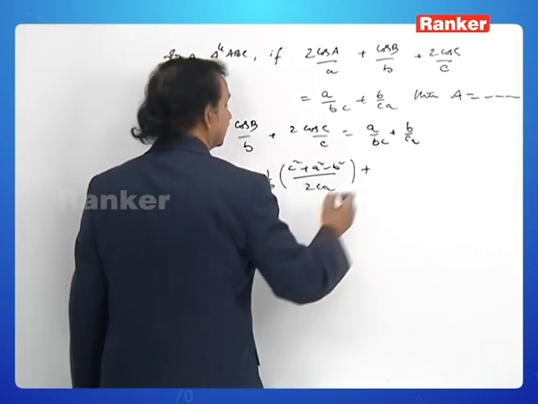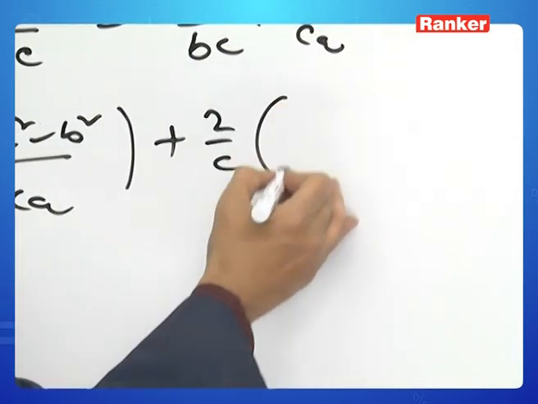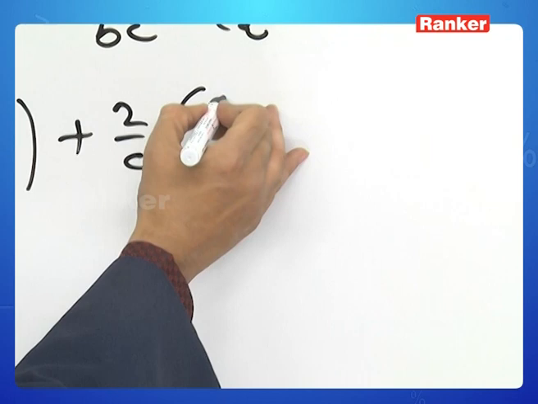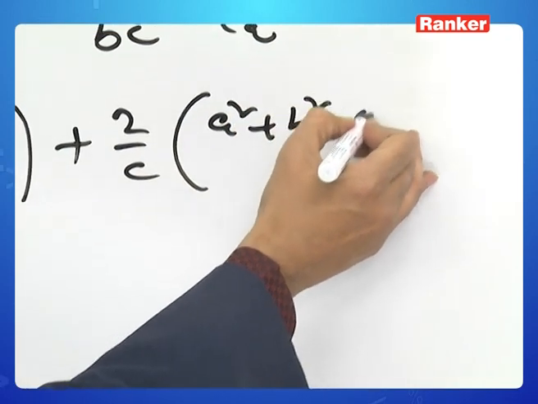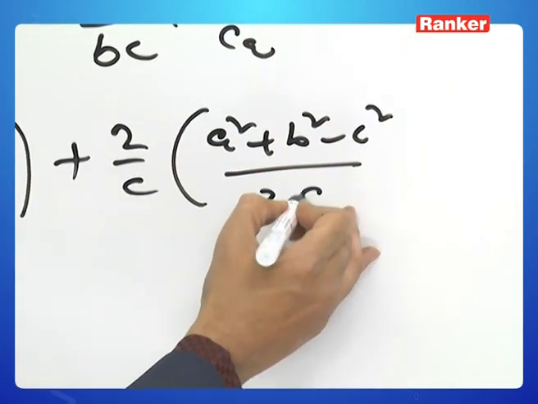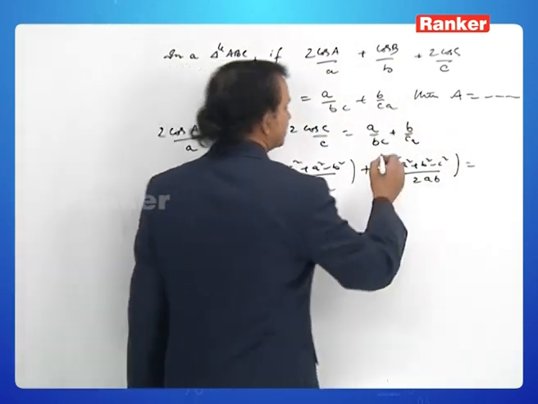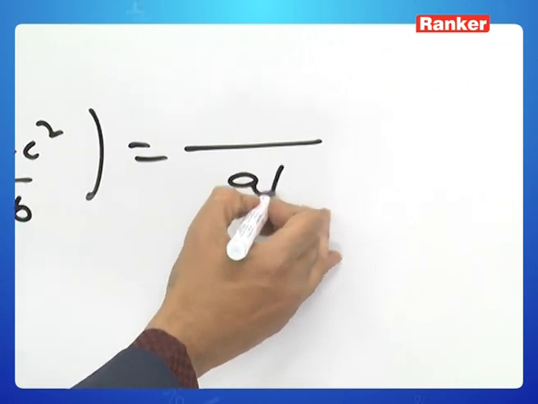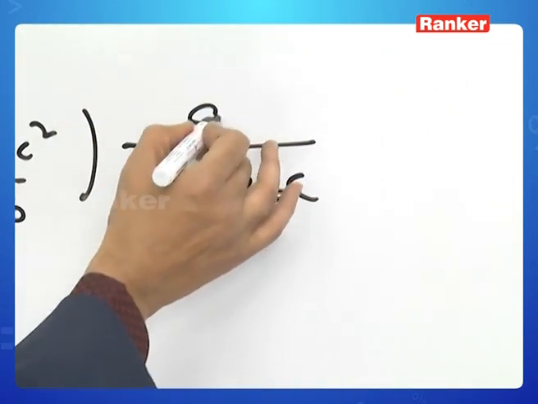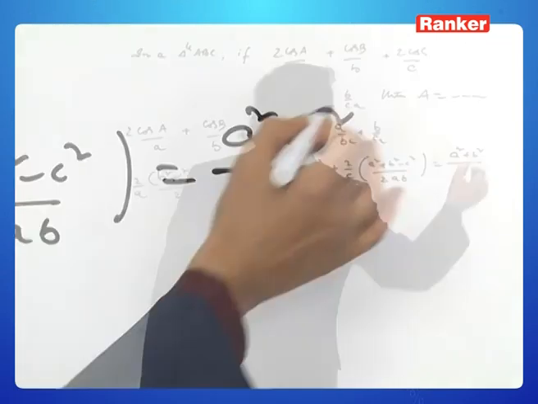What is cos C? 2 by c into cos C, which is a square plus b square minus c square by 2ab, is equal to, what is the LCM on the right hand side? It is abc. So it is a square plus b square.